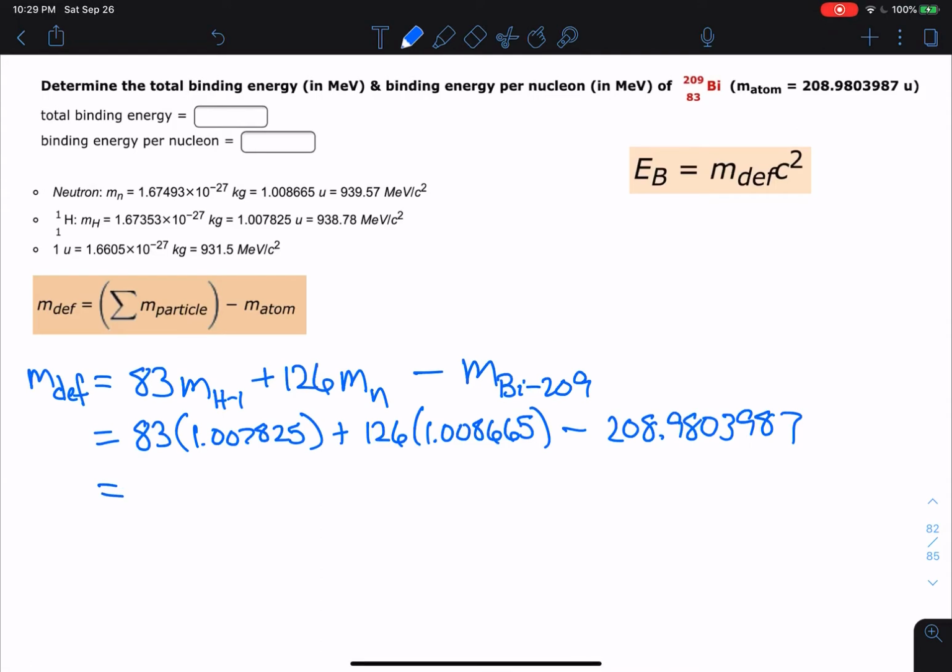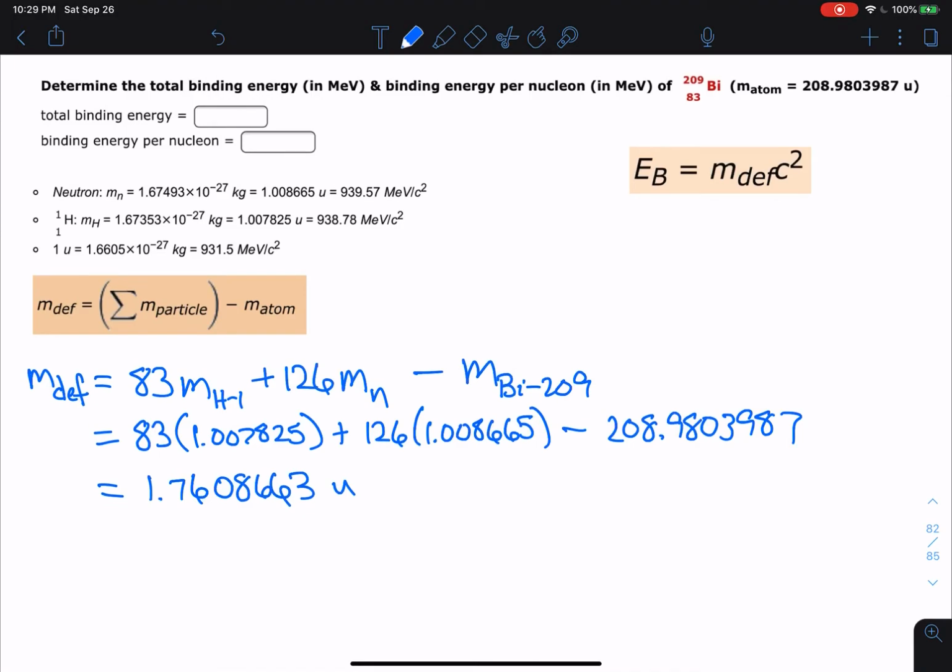Okay, so just plug this into my calculator. 83 times 1.007825 plus 126 times 1.008665 minus 208.9803987. And I get 1.7608663 atomic mass units.